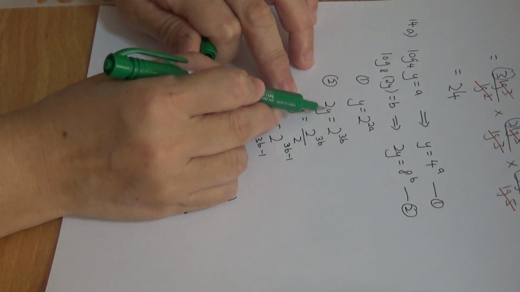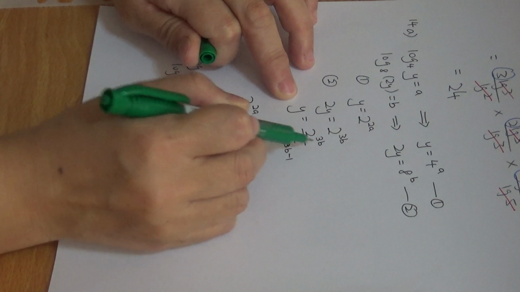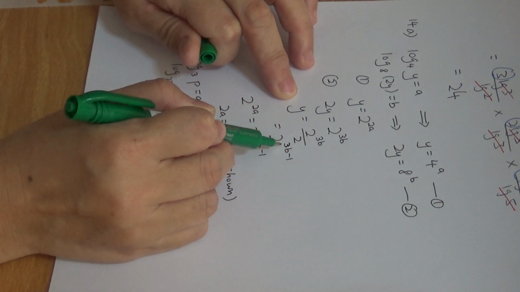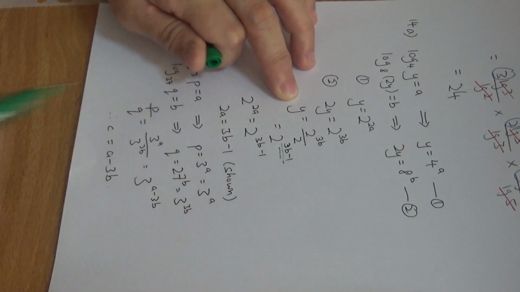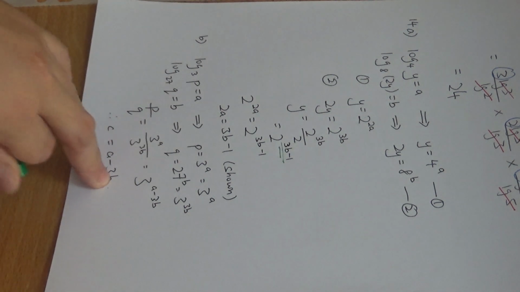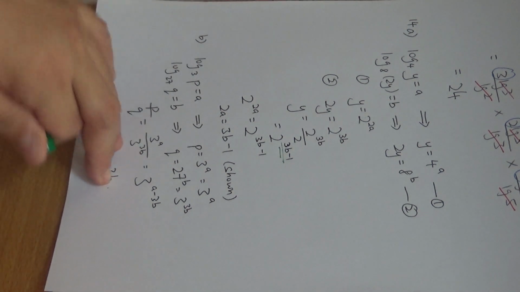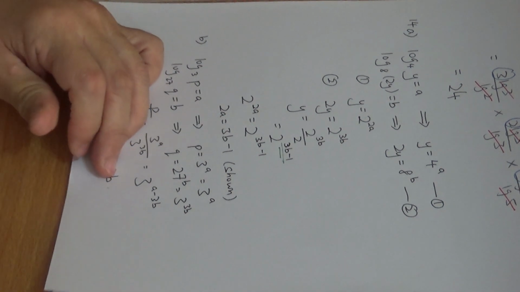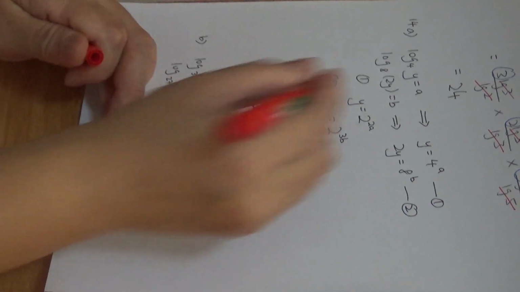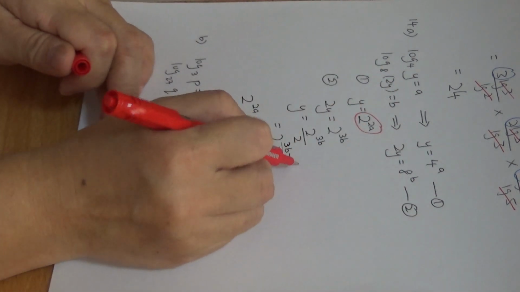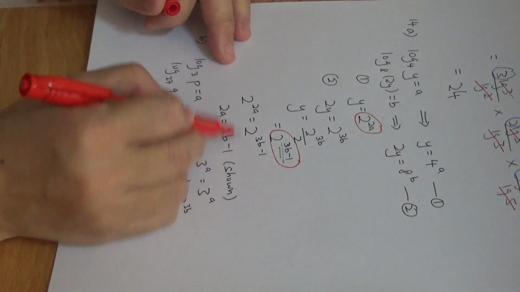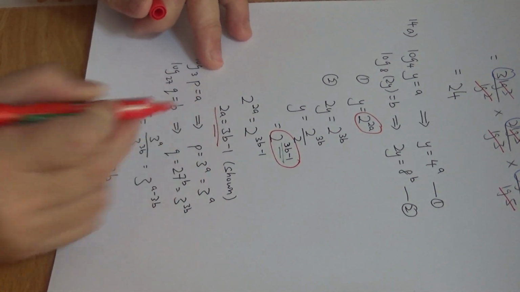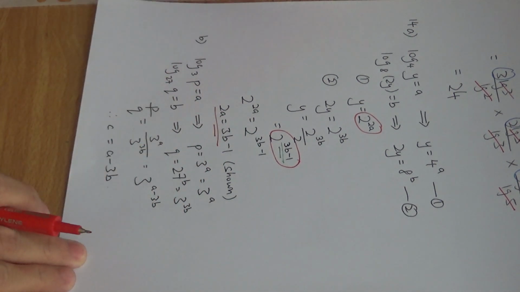Y is this, 2y is this. I bring the 2 over, I use laws of indices, it becomes 2b minus 1. Now take a look down here. This is y and this is also y. I equate both, I equate the index, I have shown what I'm supposed to show.